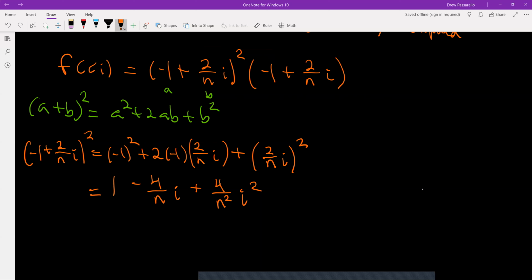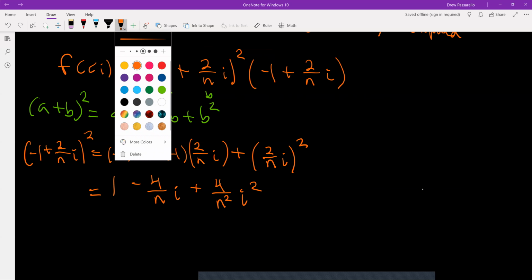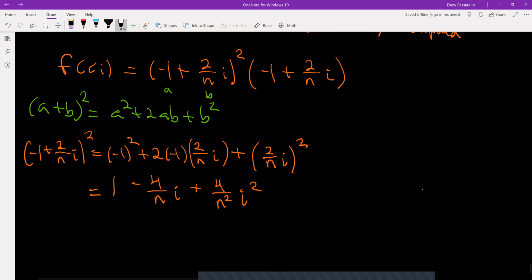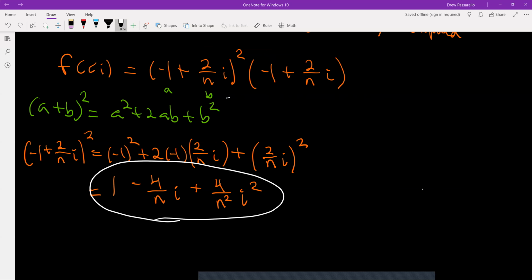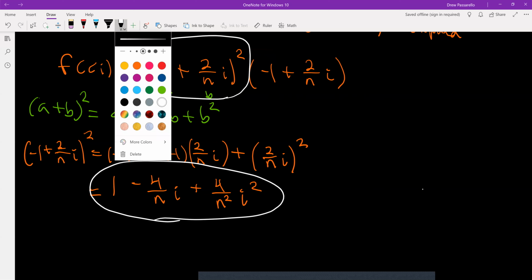All right, that is just the first piece to this puzzle, I guess. This is just that part. So I need to multiply it by -1 plus 2/n times i.